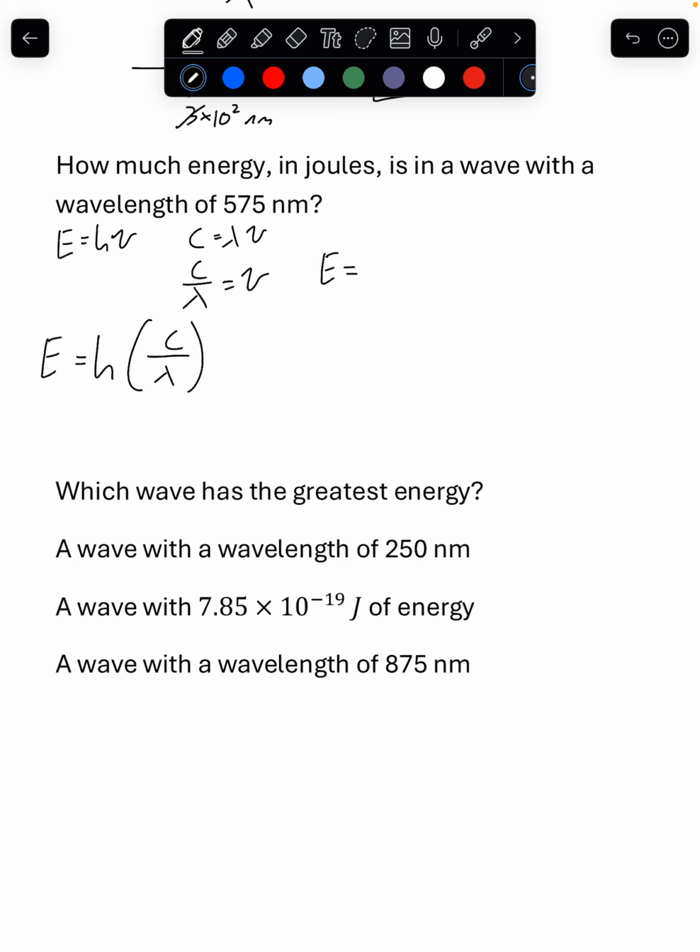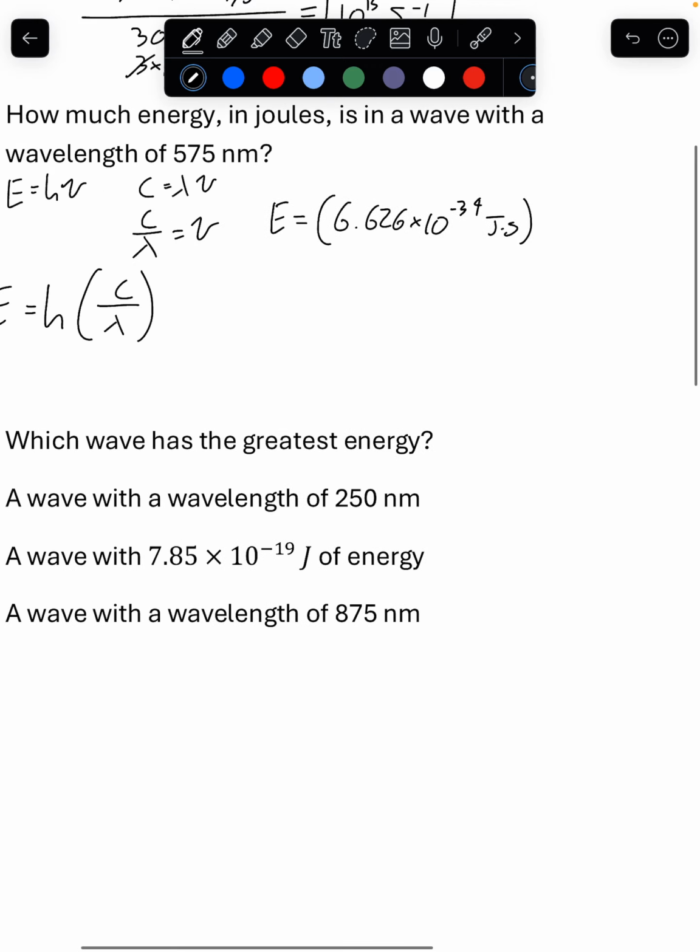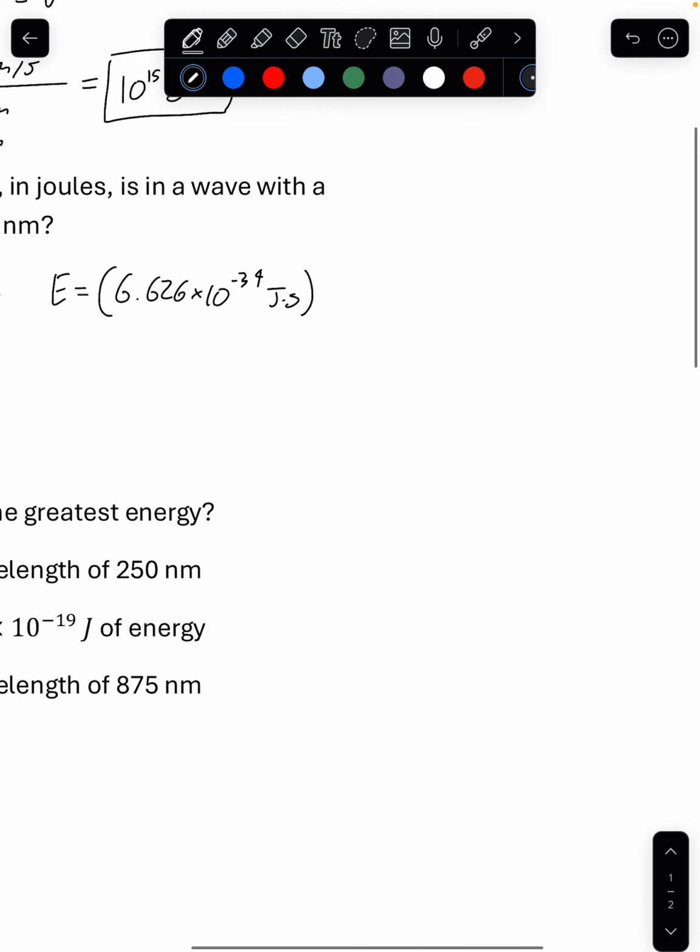So energy is equal to Planck's constant, which is 6.626 times 10 to the negative 34. I always think of Lilo and Stitch there, agent 626, makes it easy to remember. And the units for Planck's constant are joule seconds. Let's scoot over a little bit more, and we want to multiply it by speed of light over wavelength.